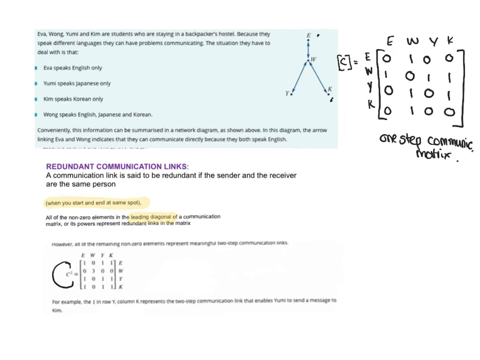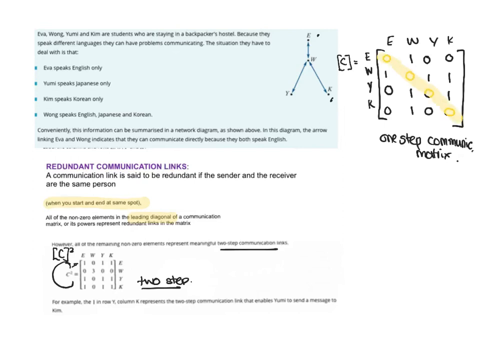So C squared, the communication matrix squared, equals this, and this represents the 2-step communication.